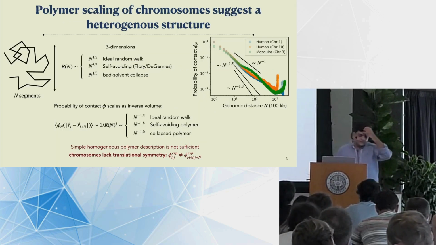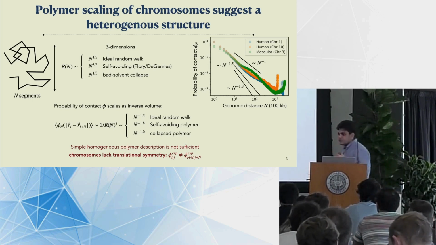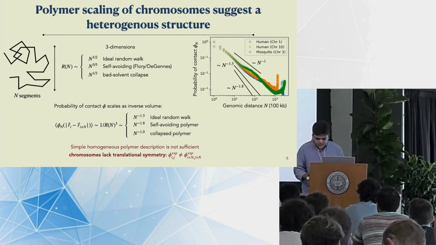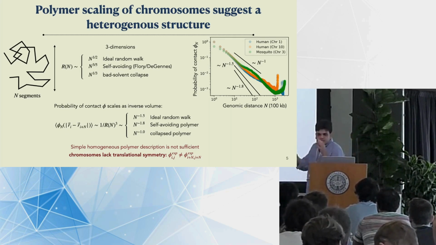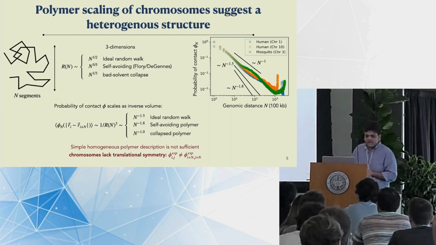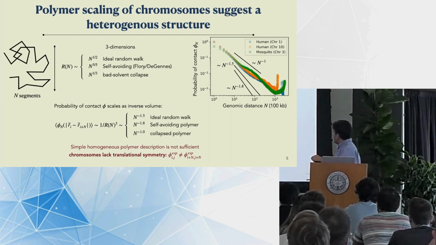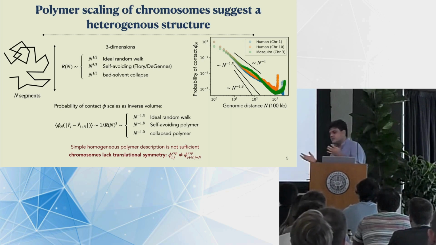When I say polymer, there are some expectations from the statistical physics of polymers: how a polymer should behave statistically. For a polymer of n segments, the end-to-end distance, or the typical size of the polymer, scales with how many segments you have. These are all positive scaling laws, which makes sense: a longer polymer should be bigger.